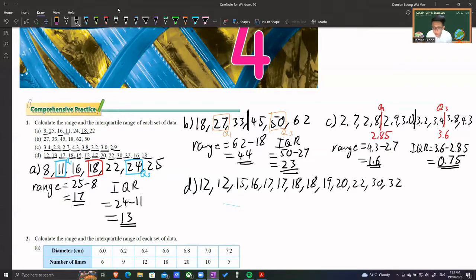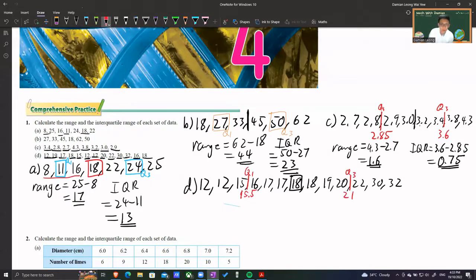Okay. So there are 13 numbers here, right? In between will be this number. So you see 6 numbers on the left, 6 numbers on the right. In the middle of these 6 numbers, in between 15 and 16, is your first quartile, 15.5. In the middle of these 6 numbers, in between 20 and 22, 21.